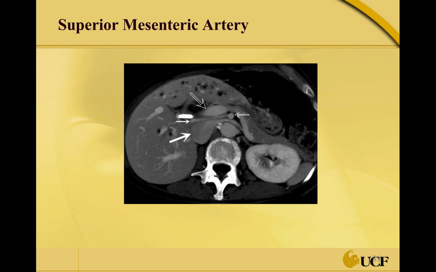So what do we have here? We see here the superior mesenteric artery shown by the small open arrow. The right hepatic artery, the small solid arrow there, originates from the SMA.